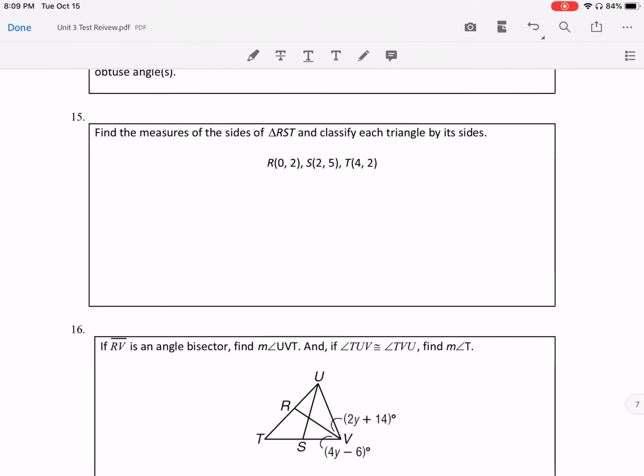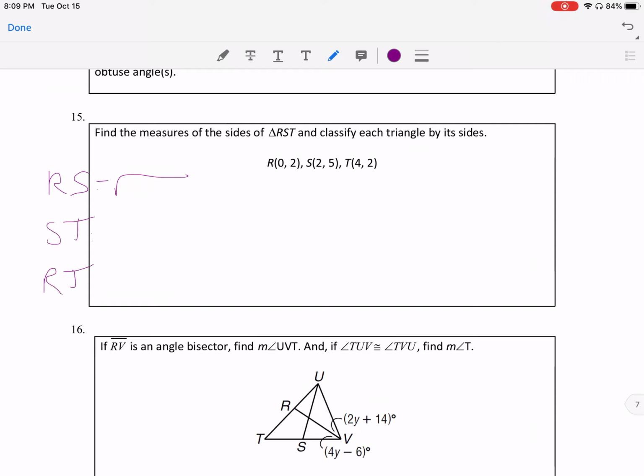For 15, we've already gone over this. I'll just do this again. So we have RS, ST, and RT. Okay, we're classifying by sides. So for this, from 0 to 2 is 2 squared, plus from 2 to 5 is 3 squared. So that's going to be the square root of 4 plus 9, which is the square root of 13, which can't really be simplified.